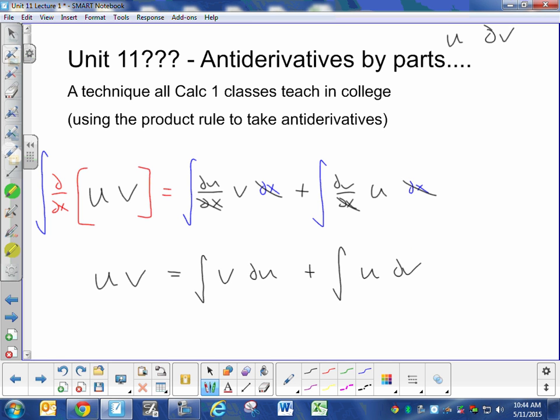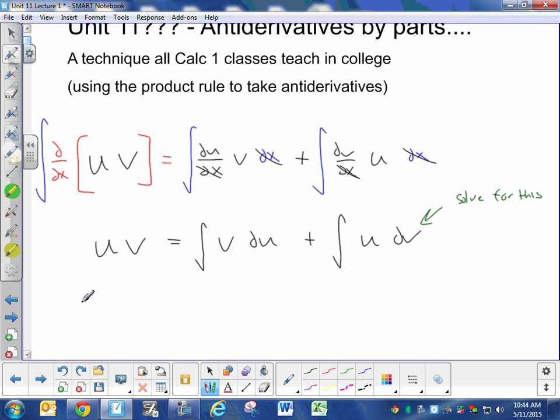Well, there's that u dv that I talked about up here. I'm going to solve this for this. So that means I can subtract this part and have this just left on the right side. I'll end up putting it on the left side just so you can see it. We say the antiderivative of u dv is equal to uv minus the antiderivative of v du.